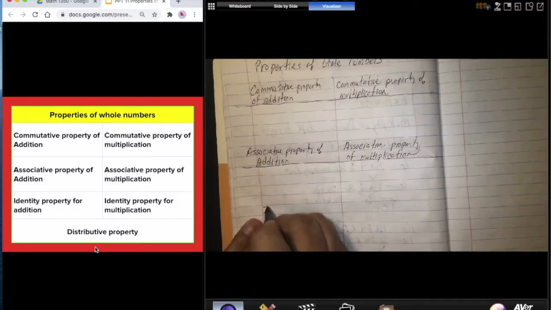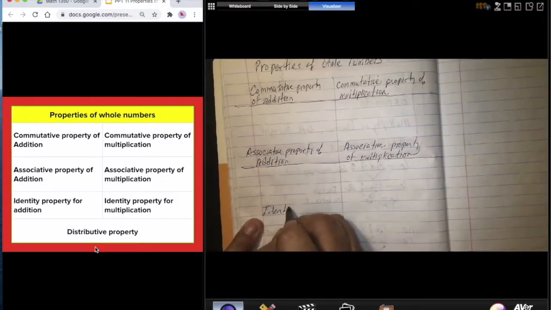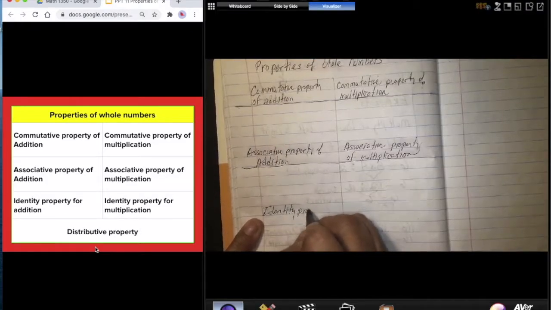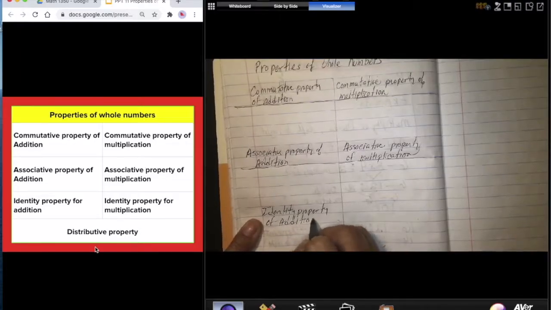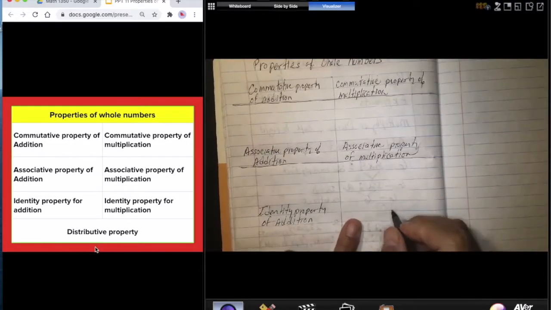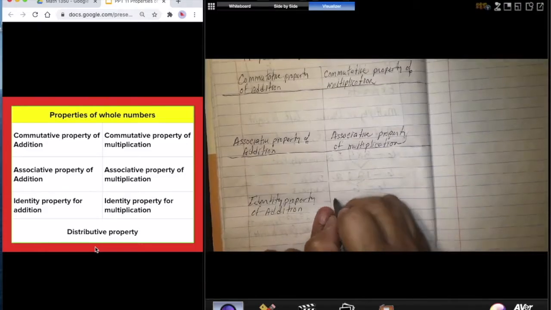Identity property of addition. And the identity property of multiplication.